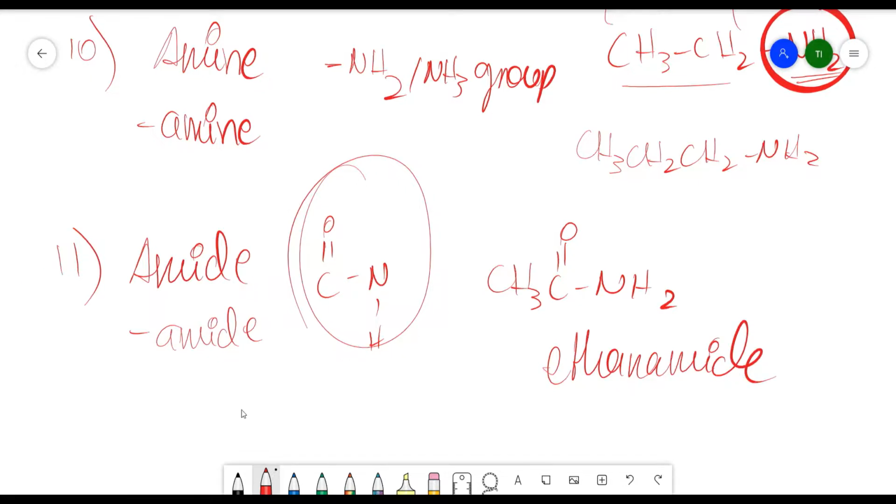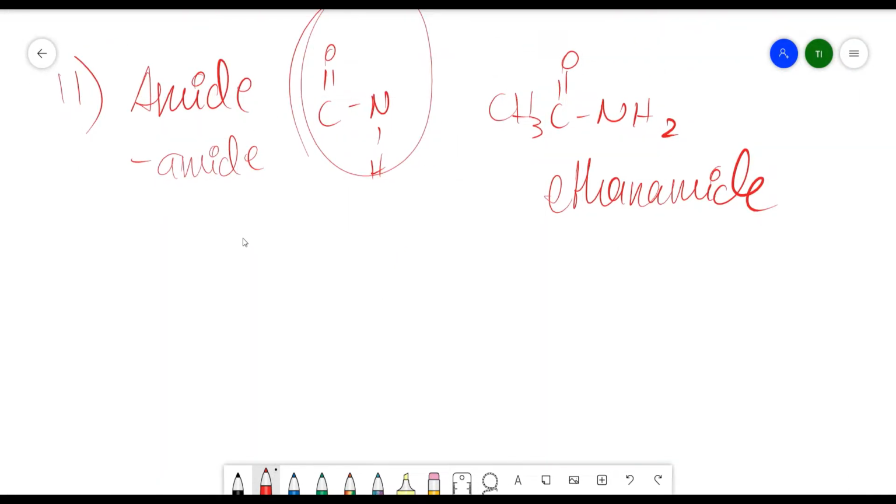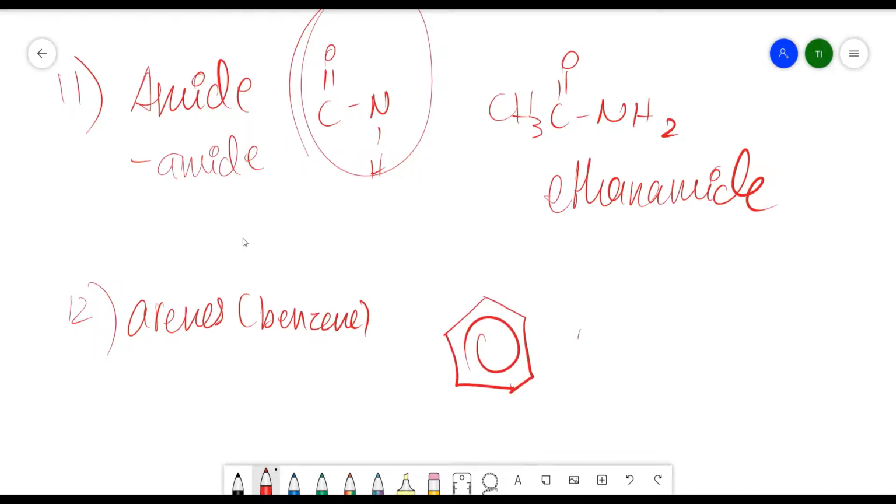And lastly is arenes. The most common one is benzene, right? You can draw it like this, or you can draw it like this, but this is the more common one used in our syllabus.